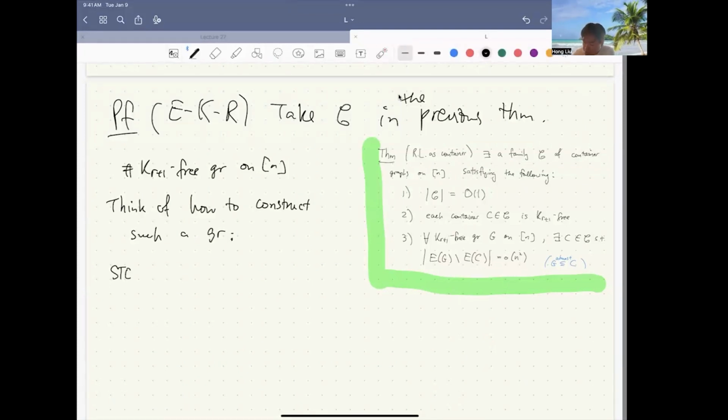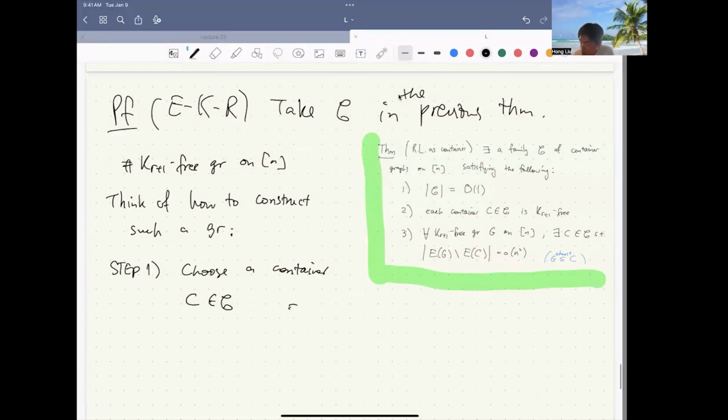Okay? We can construct in this way. Step 1, choose a container C in C. The number of choices is the size of the family, which is constant.